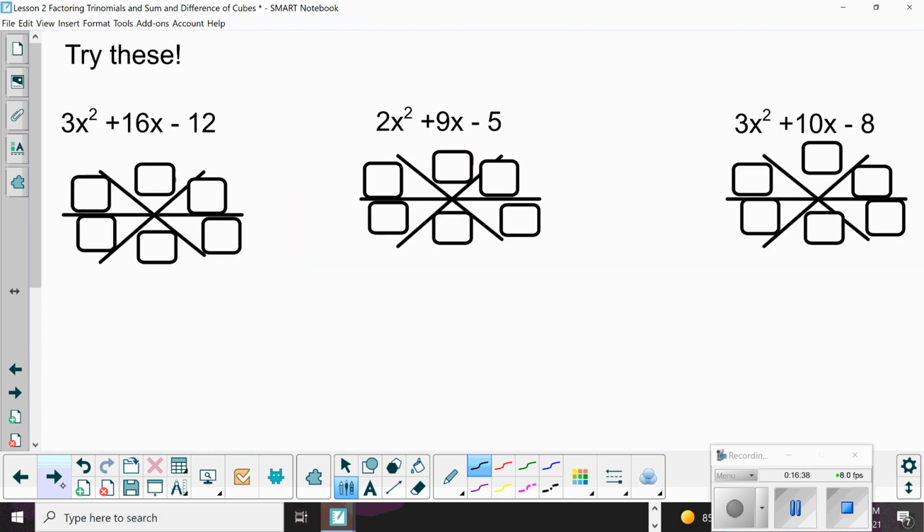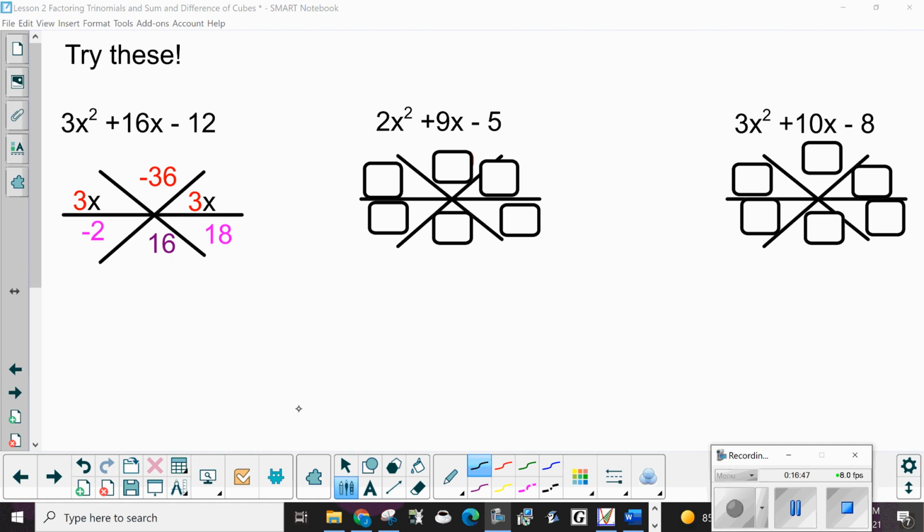Okay, try these three. Pause the video and try these. Okay, let's see how we did. 3 times negative 12 is negative 36, adds up to 16. That would be negative 2 times 18 is negative 36. It adds to 16.